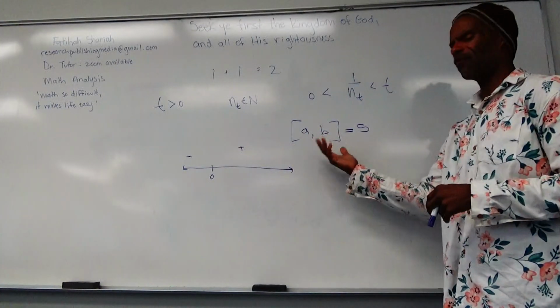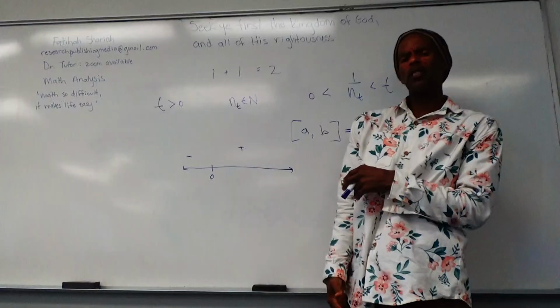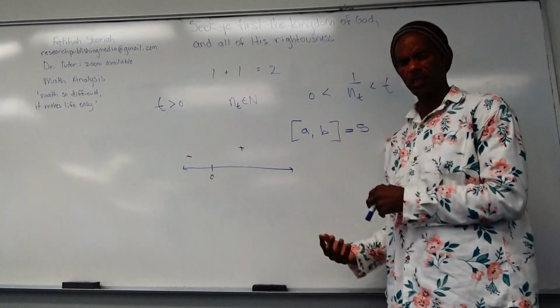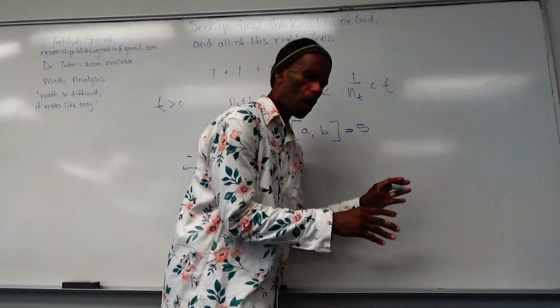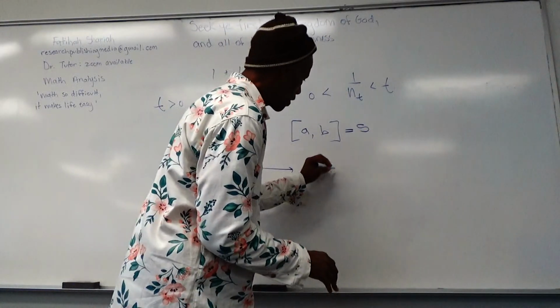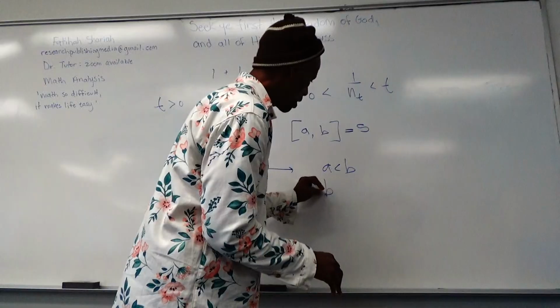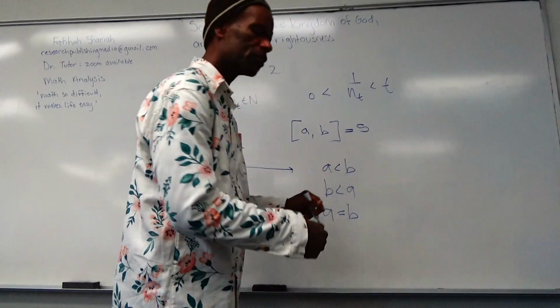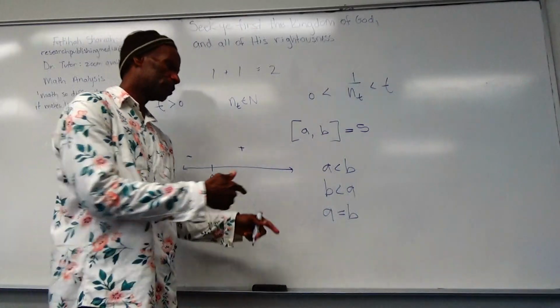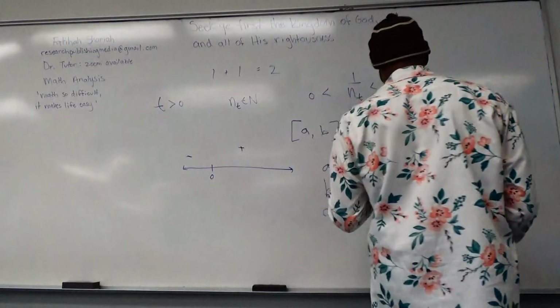These variables have a relationship. Whenever they get around each other, they have a relationship. And that relationship, this is all it is: A is less than B, B is less than A, or A is equal to B. And that's the relationship. This right here is called the trichotomy principle.